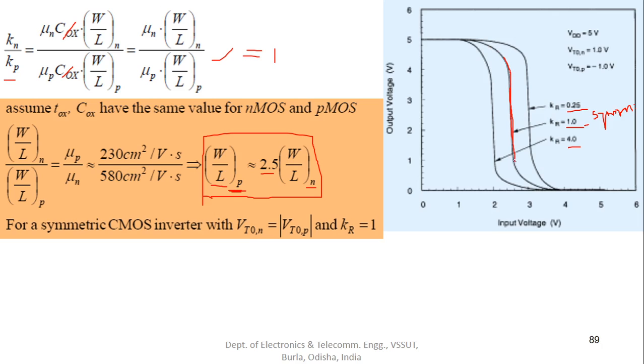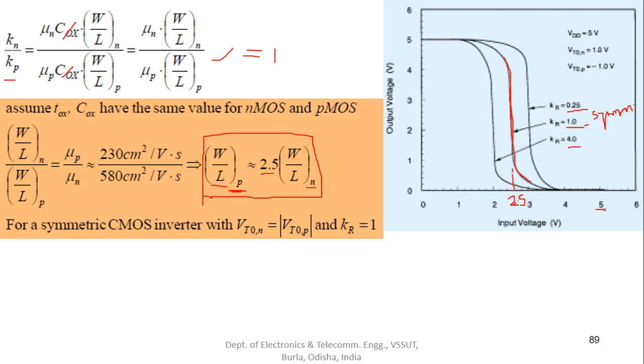So we can see that this will come out and this will intercept the x-axis somewhere around 2.5 voltage, which is actually equal to VDD by 2, where VDD is nothing but 5 voltage.